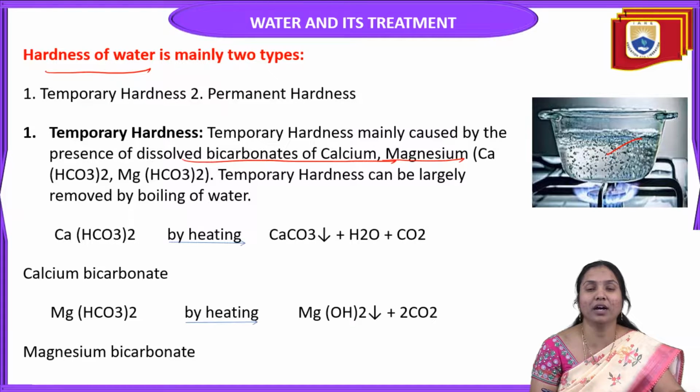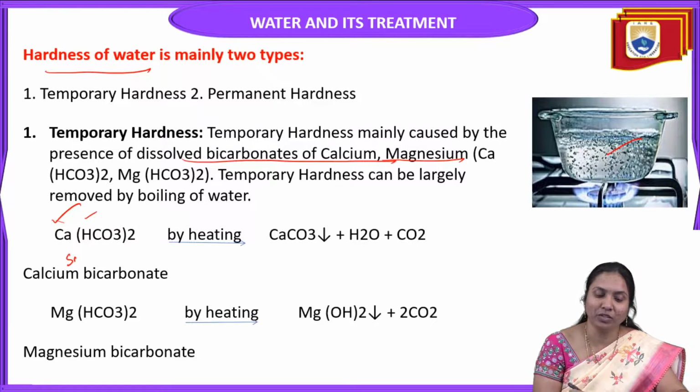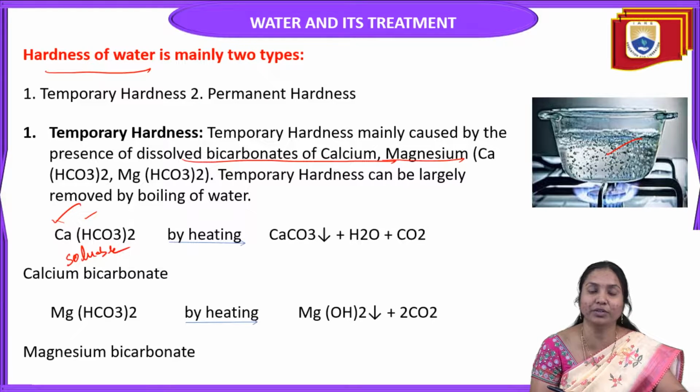Generally, these calcium bicarbonates or magnesium bicarbonates in water are soluble in water, so they cannot be seen. During the heating process, the soluble calcium bicarbonate is converted into insoluble precipitates.